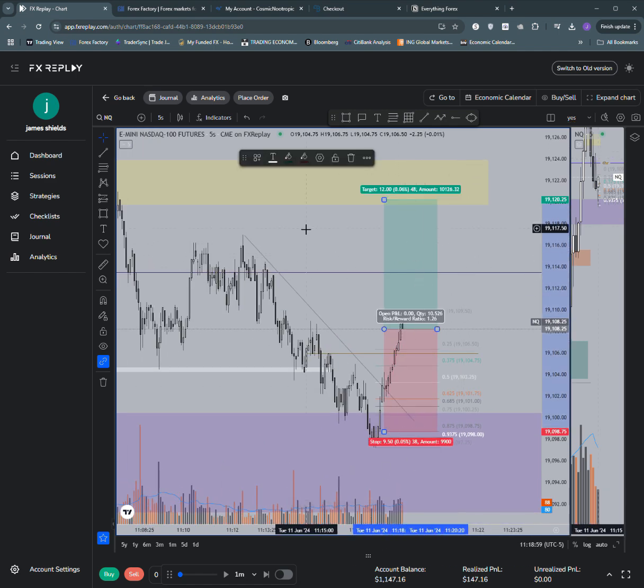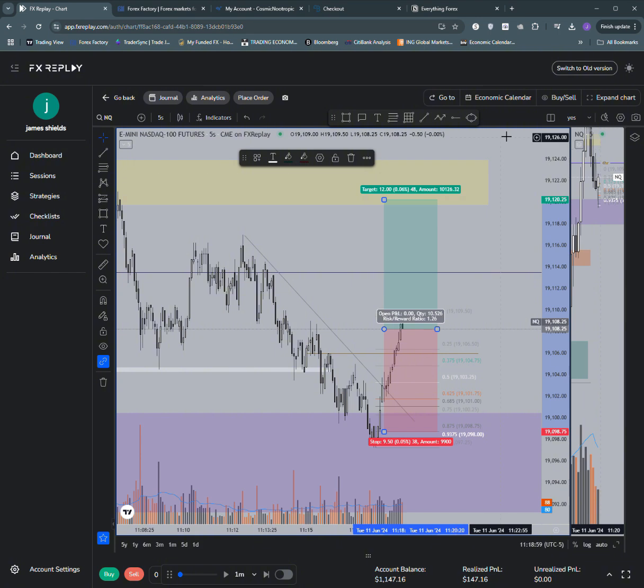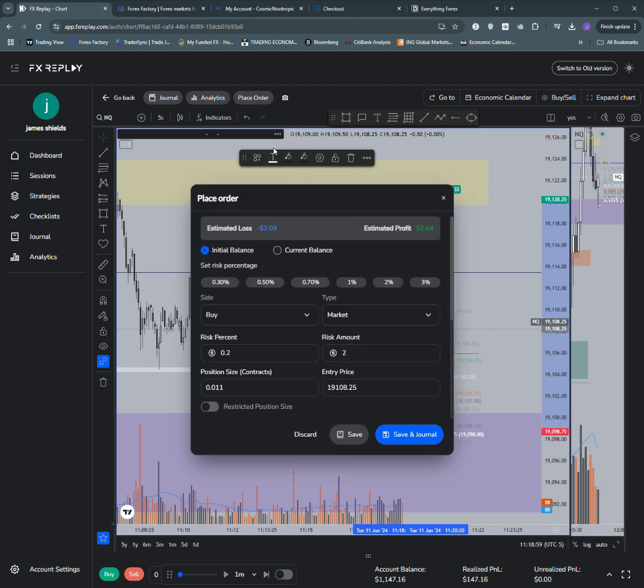Let's do no more than 2% at risk, and we'll go for a 1% risk. So let's just do place order. We'll do 0.5 here, buy market.